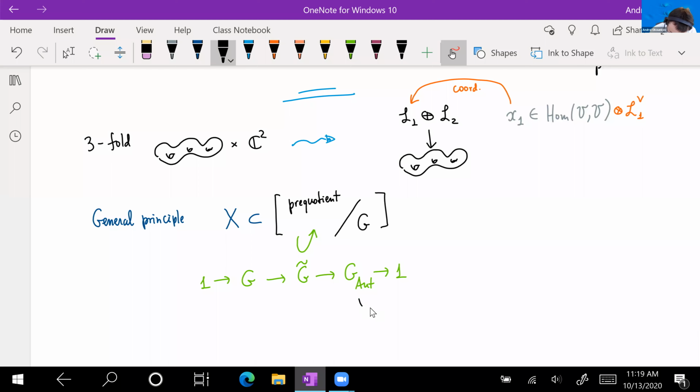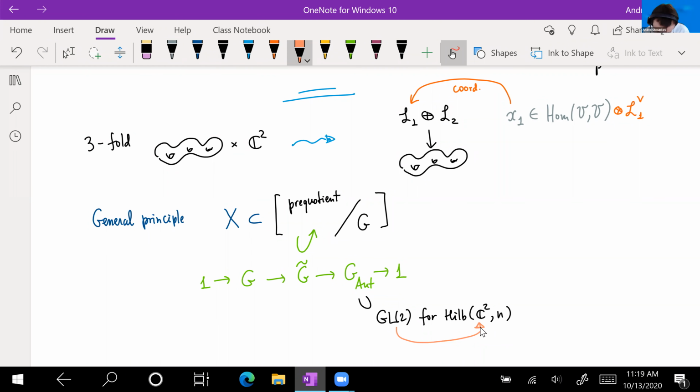Like GL2 for the field C2. Yeah, and GL2 just acts here on this C2.